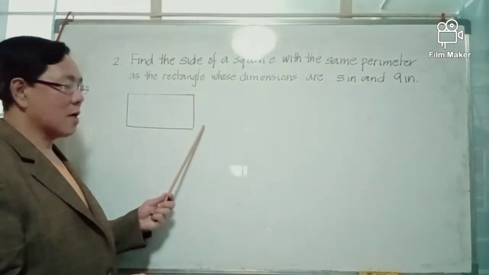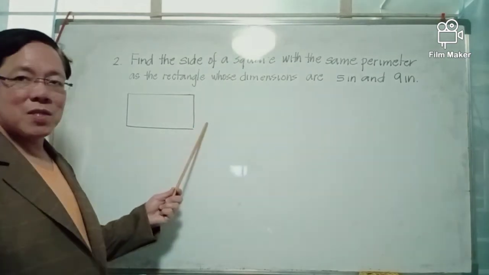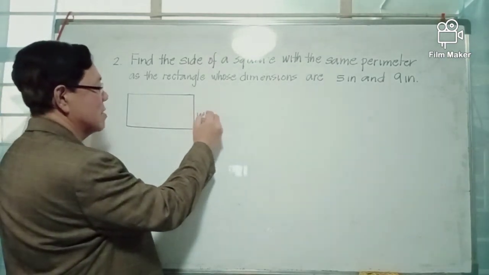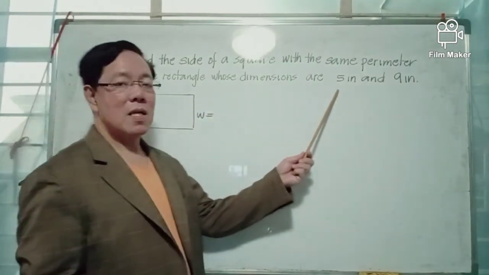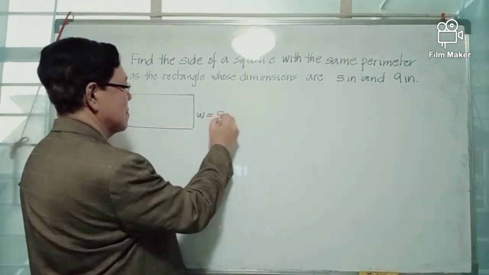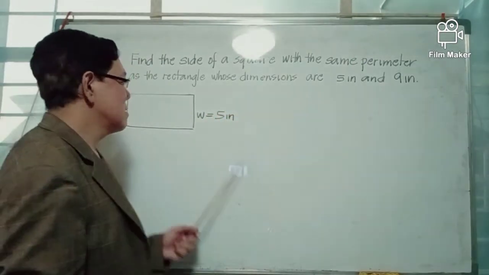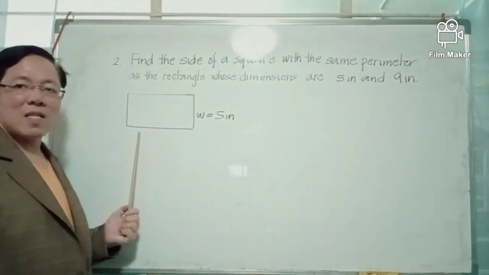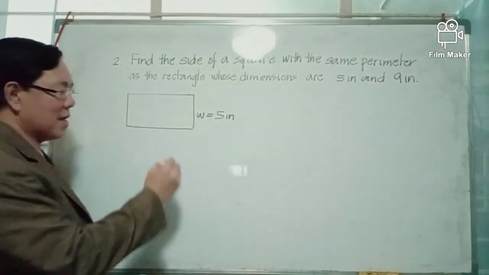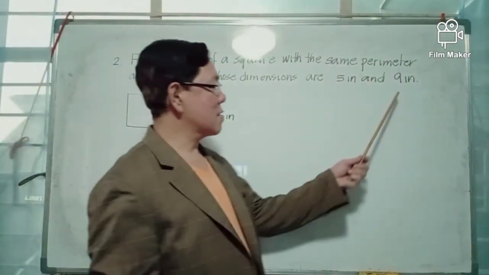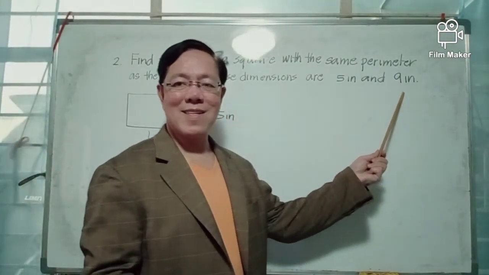The length of the shorter side we denote by W for the width. And the given width is 5 inches. The length of the longer side of the rectangle we denote by L. And we are given that the length of the rectangle is 9 inches.